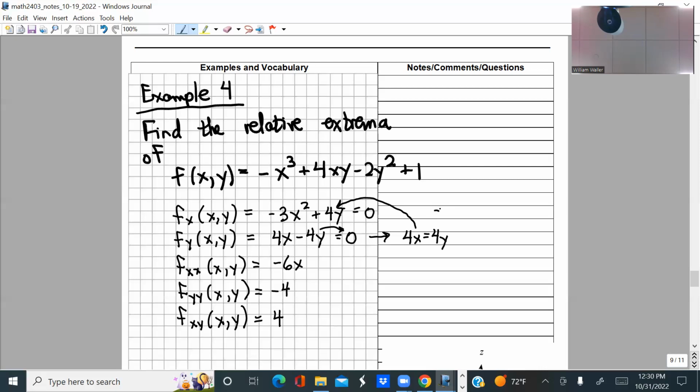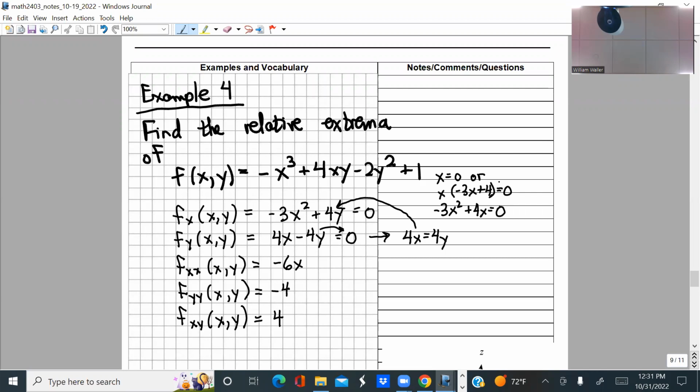So we end up with this equation, minus 3x squared plus 4x is equal to 0. And I think I can solve that one by factoring, right? Factor out an x. And so you get x times (minus 3x plus 4) is equal to 0. And that means one of these two factors has to be 0. So x is 0, or minus 3x plus 4 is equal to 0.